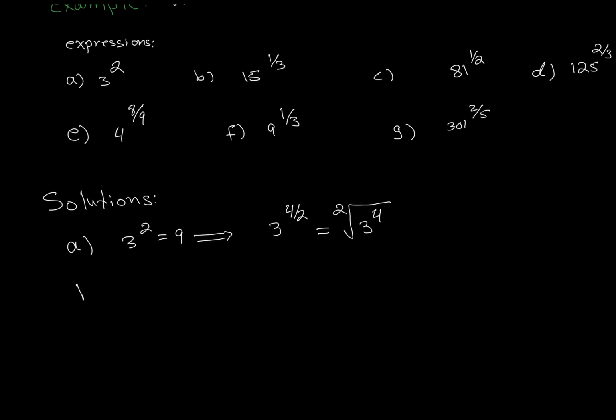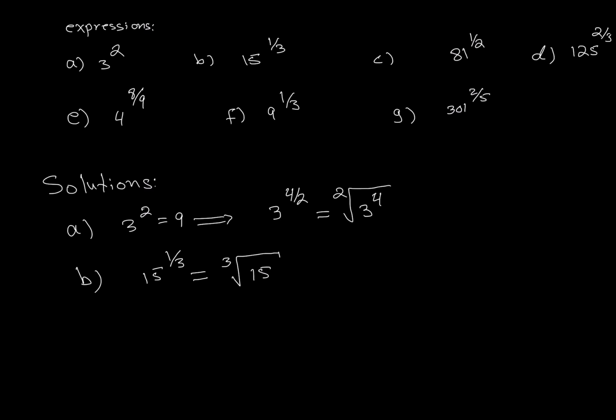So b is 15 to the power 1/3. So we know for 15, the index is 3 here, the power of the radicand is 1. We don't write it. So that's all for that. And c, if we can simplify it, we will simplify it, but we cannot simplify b.